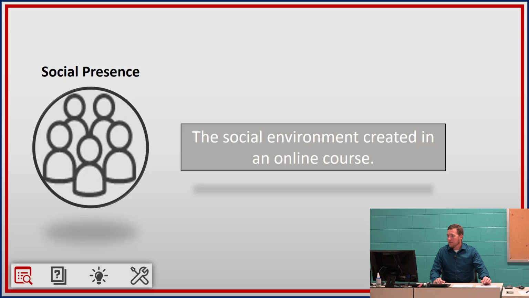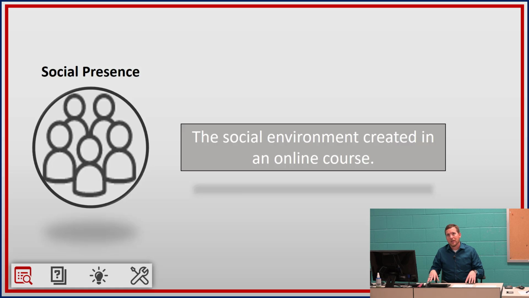So we'll start off by talking about social presence, which is kind of a prerequisite for the other two types of presence. You can't really successfully have cognitive and teaching presence if you have not first established a good social presence and a good community in the course.